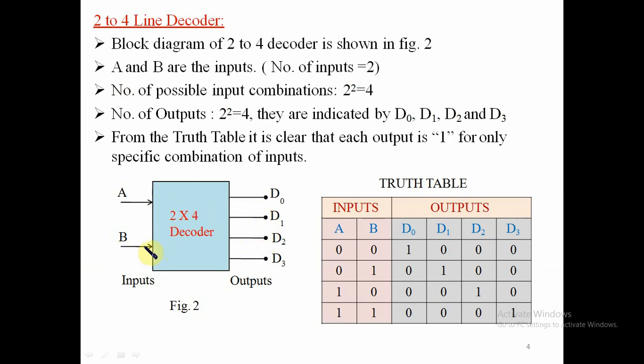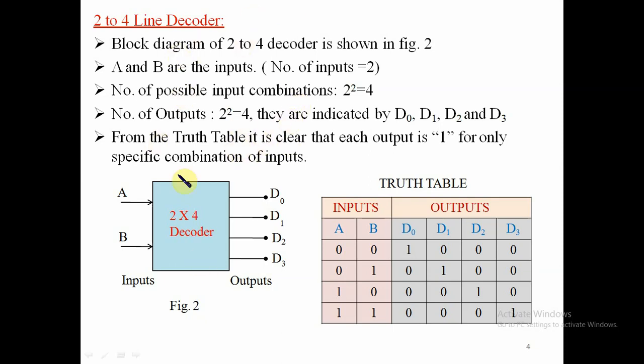Hence the description of a 2 to 4 binary decoder, where each output represents one of the minterms of the two input variables. Each output is equal to a minterm.